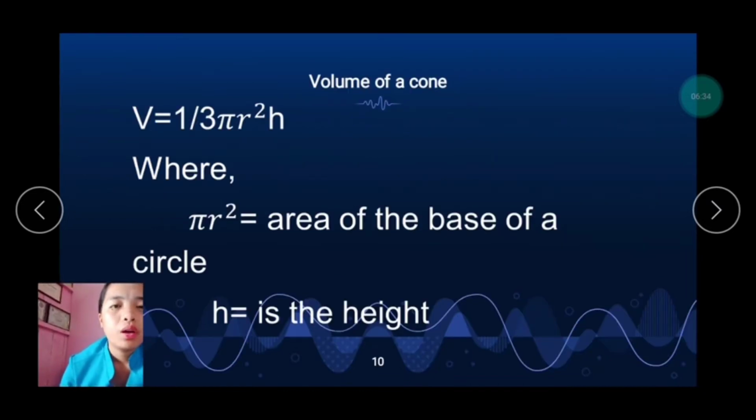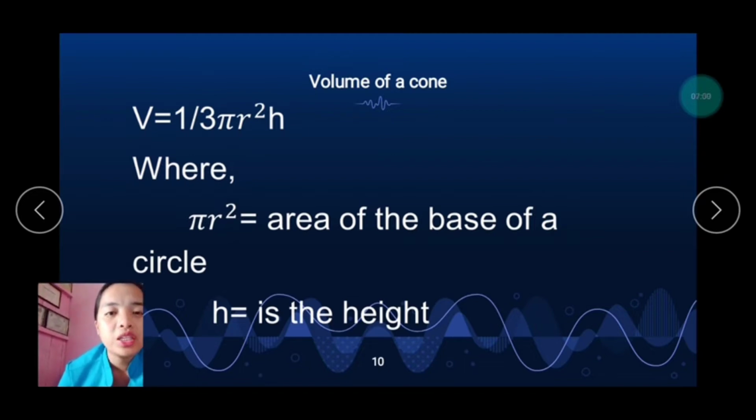Okay. Ma'am, nganong nausab man hinuon ang formula sa volume sa cone? Nganong nahimo naman ang pi r squared imbis B? Okay, nganong pi r squared man? Tungod kay ang area sa base sa circle is equal to pi r squared.